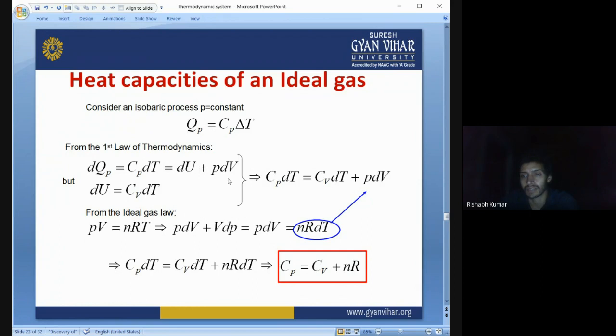So the first law of thermodynamics becomes dQp equals Cp dT, and it is equal to dU plus P dV, the change in internal energy plus work.